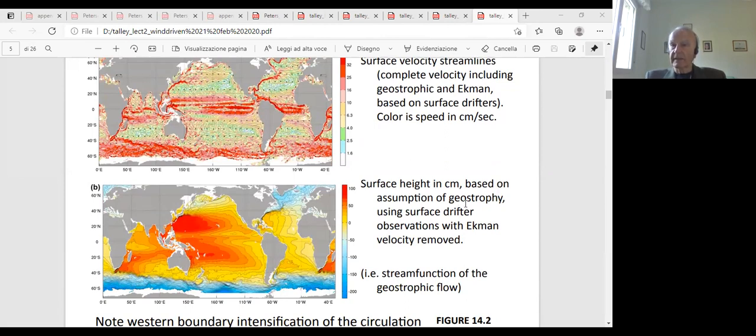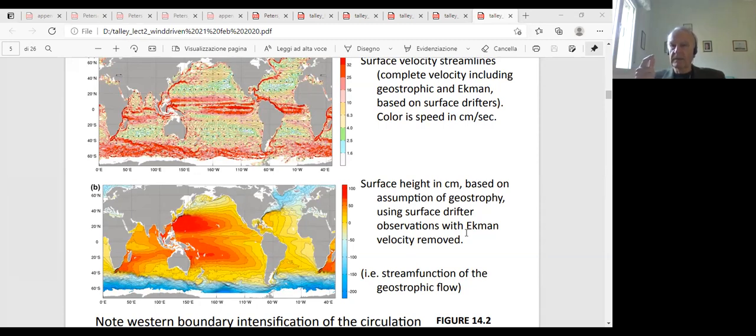This was obtained in centimeters, by assumption of geostrophy. What does that mean? Surface height in centimeters based on the assumption of geostrophy. That means that we had measurements of the surface current somehow.